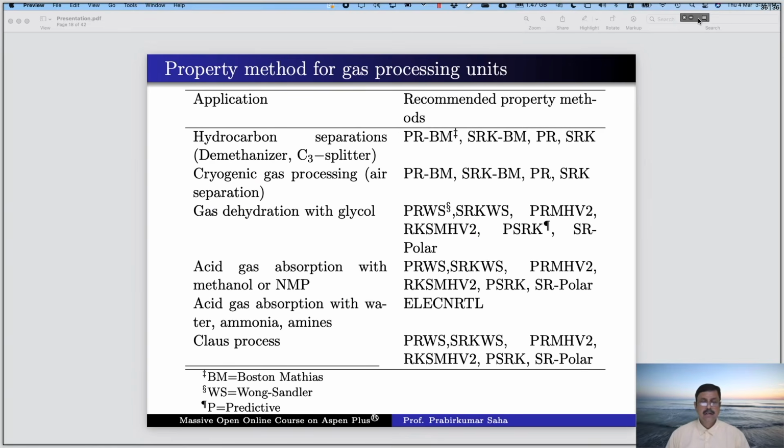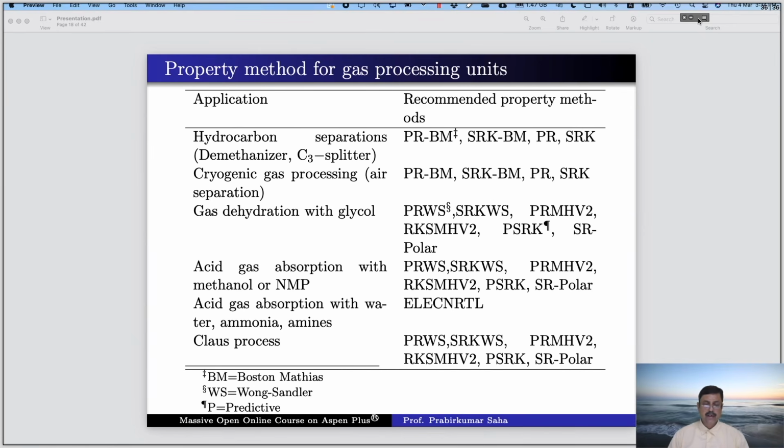And there are some more property methods for gas processing unit. We have several applications and the corresponding recommended property methods. So we have hydrocarbon separation such as demethanizer or C3 splitter.